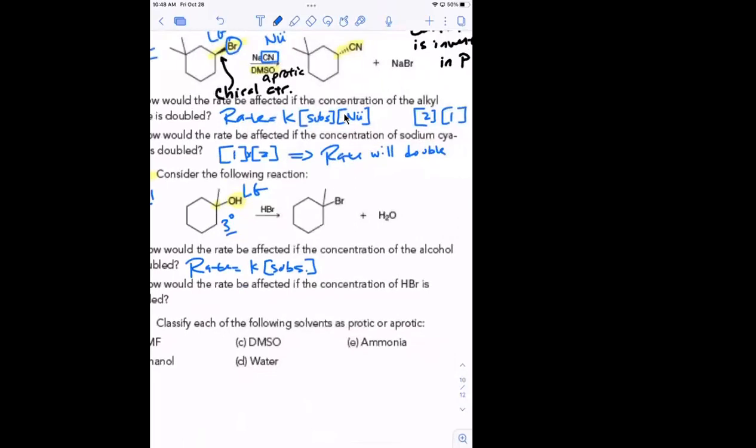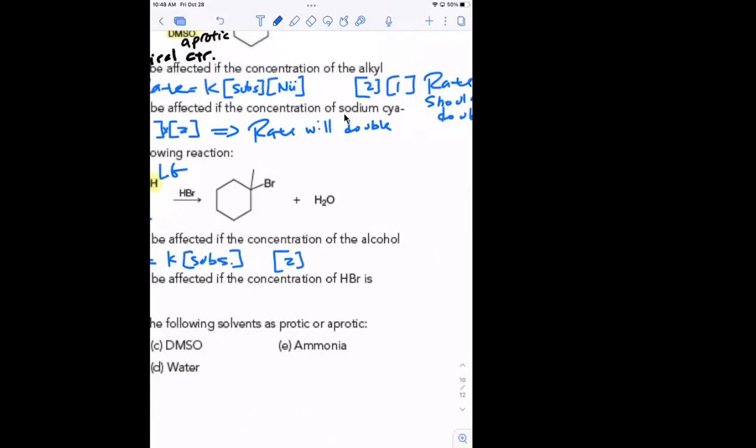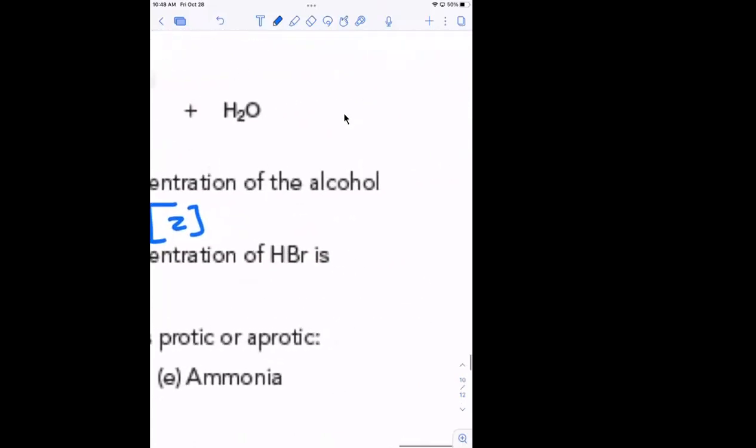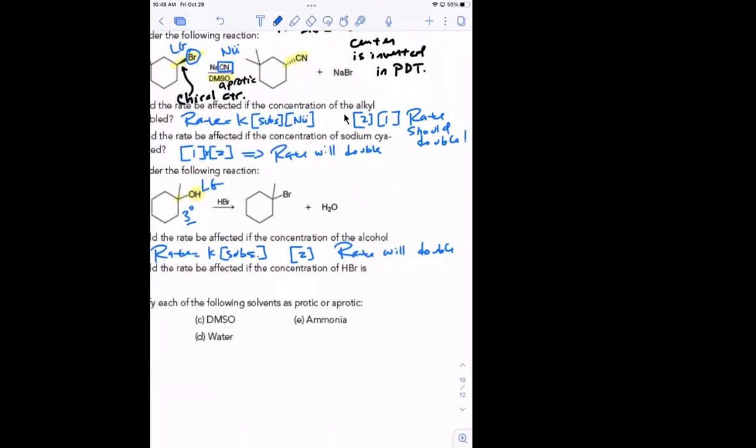Nucleophile is not involved. It doesn't matter what happens with the nucleophile, it will not affect the rate. So if I put a 2 in there, it doubles the rate. What if I cut it in half? The rate would decrease by half.